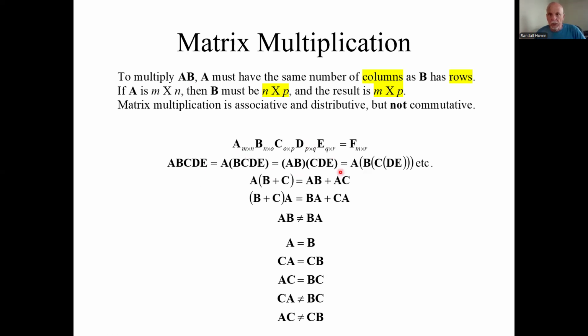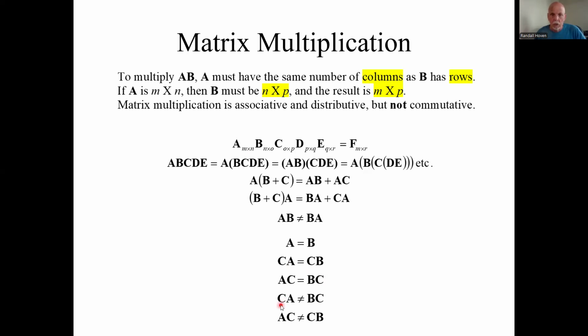Matrix multiplication is associative. It's distributive with matrix addition, but it is not commutative. If I knew that A equals B, I could pre-multiply both sides by the same compatible size C. Or I could post-multiply by the same compatible size C. But I can't mix and match.